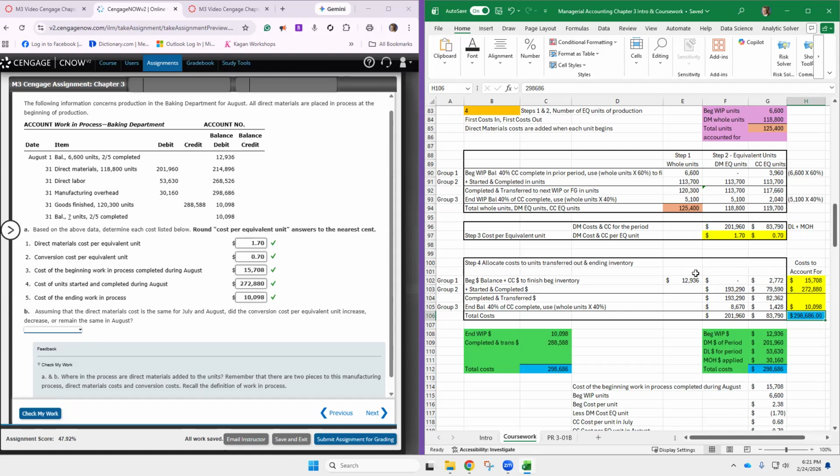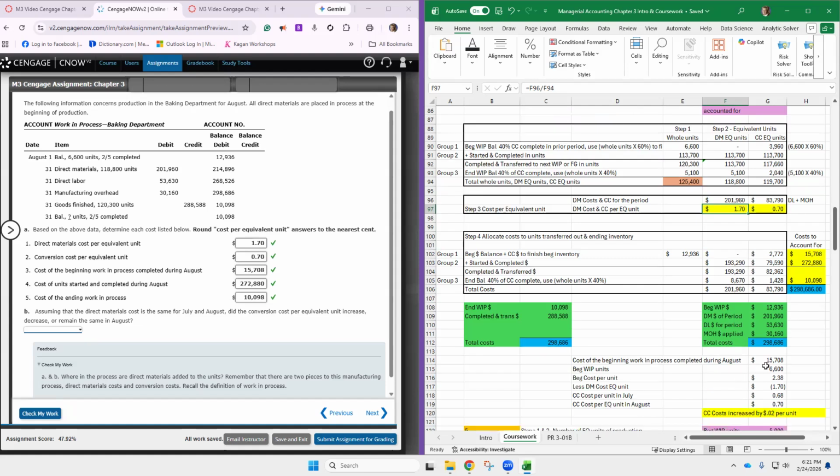Finally, assuming that the direct materials cost is the same for July and August, what is our direct materials cost for August? It's $1.70. So we're going to assume that in July, it was $1.70, and August, it's $1.70. So let's put the cost of the beginning work in process.